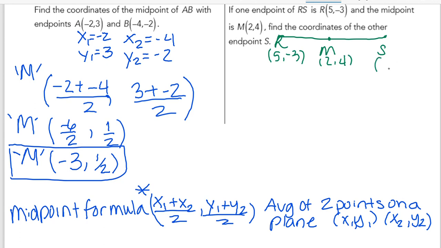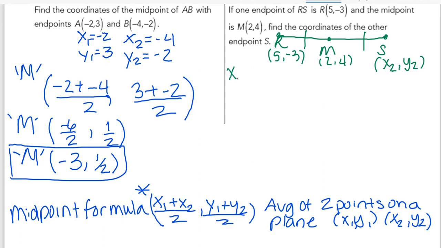And then S, we're not sure, so we say that that's going to be x2 and y2. And we know that because we have the midpoint, RM and MS are congruent.